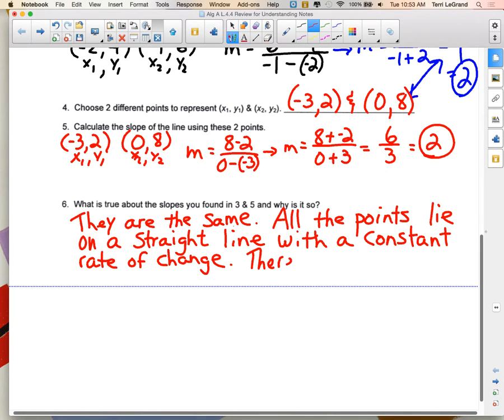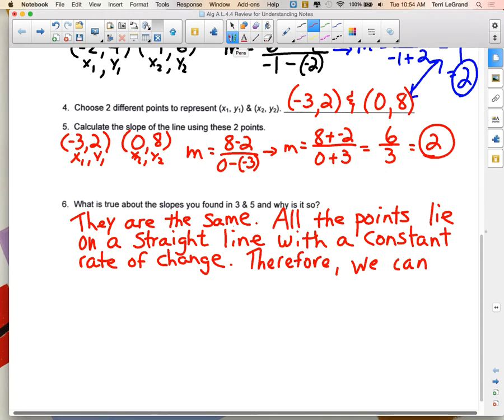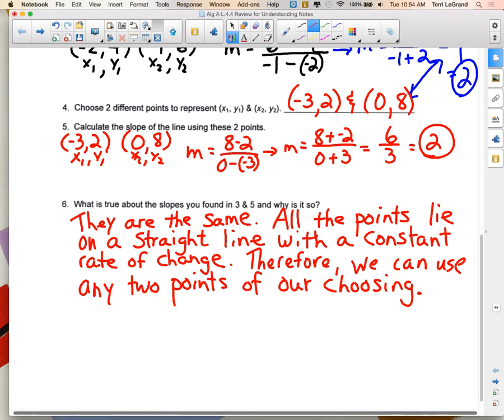Therefore, we can use any 2 points of our choosing or our choice.